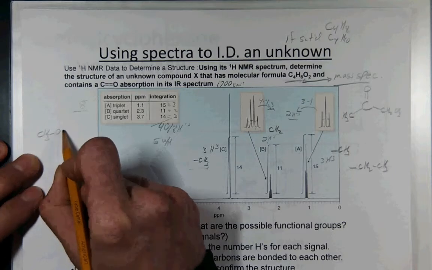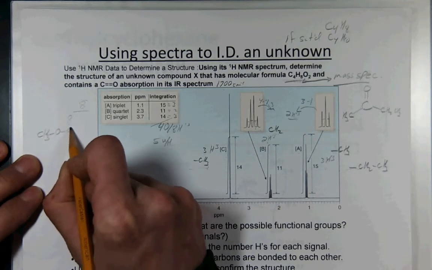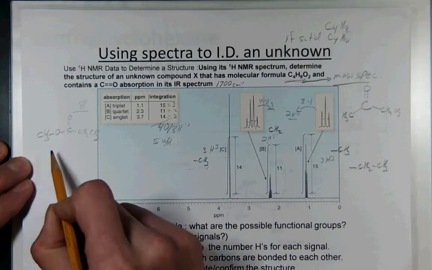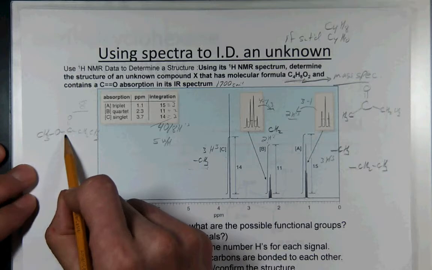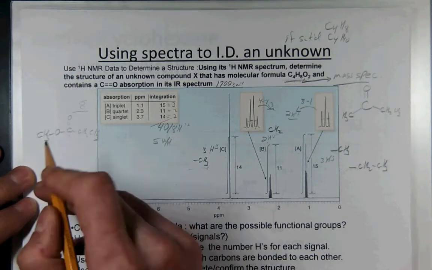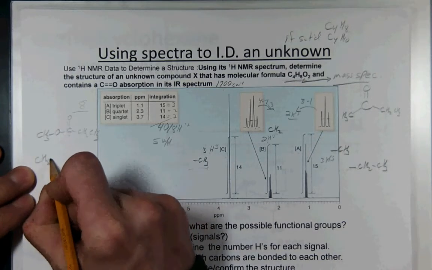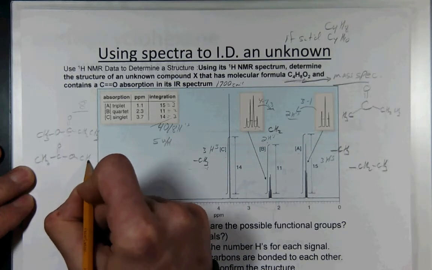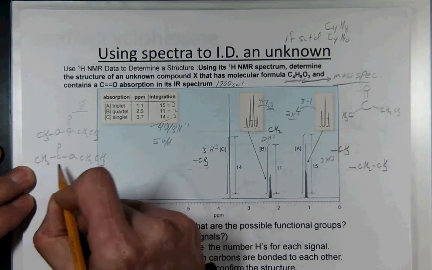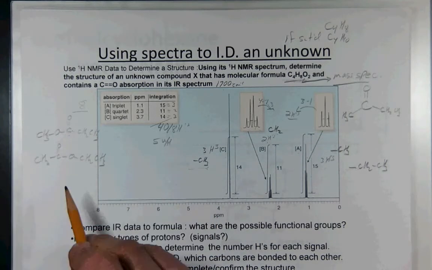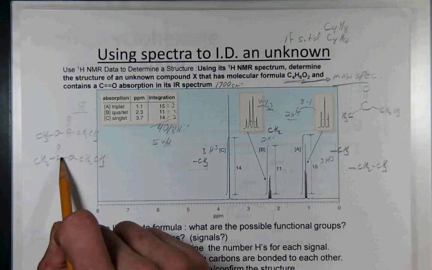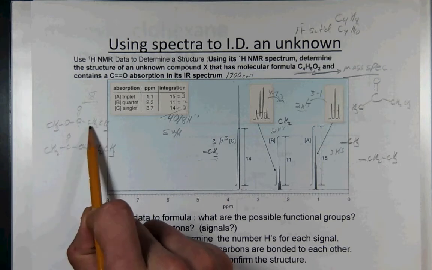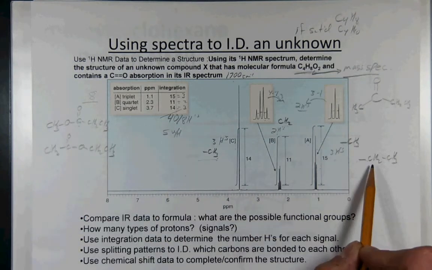CH3, right, we could have methyl propanoate or propionate, or we could have ethyl acetate. You can see why I've written these two possibilities down, they correspond to the splitting pattern that we talked about here.